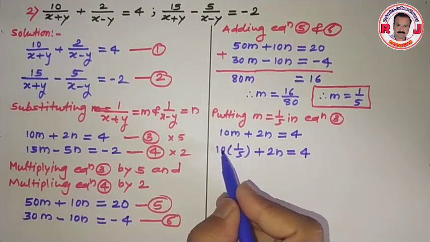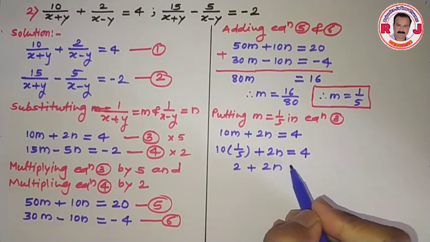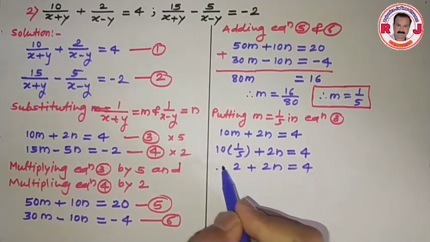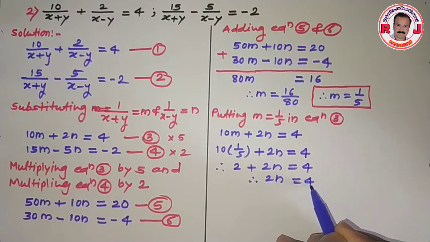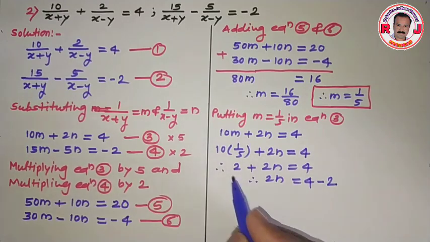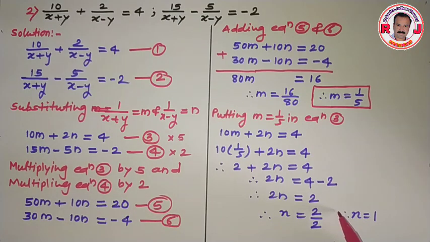Here 5 2s are 10, 2 plus 2n is equal to 4. Therefore 2n is equal to 4 minus 2; 2 goes to the right hand side as minus. Therefore 2n is equal to 2 and n is equal to 2/2. 2 1s are 2. Therefore the value of n is equal to 1.